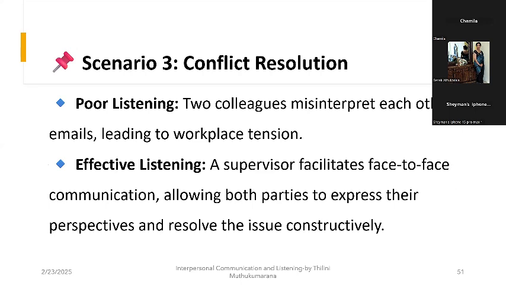So what we can do is, the supervisor can have a face-to-face communication, allowing both parties to express their perspectives and resolve the issue constructively. So communication is a very important tool where you can avoid conflicts, right? Face-to-face communication is very important rather than not seeing the other person. It's going to be very effective.